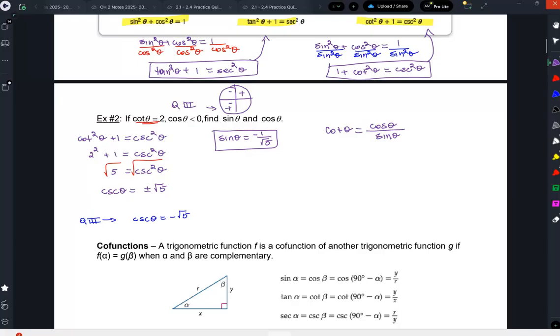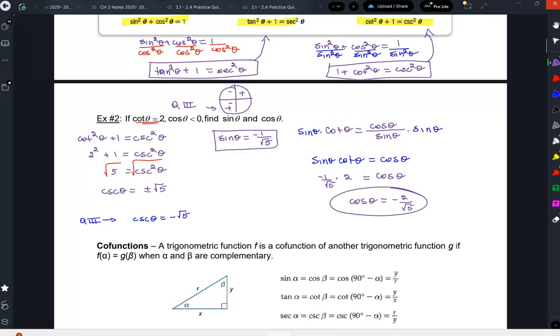Now if I multiply both sides by sine, I get sine of theta times cotangent of theta equals cosine of theta. Sine of theta is negative 1 over root 5, cotangent is 2. So cosine theta is negative 2 over root 5.